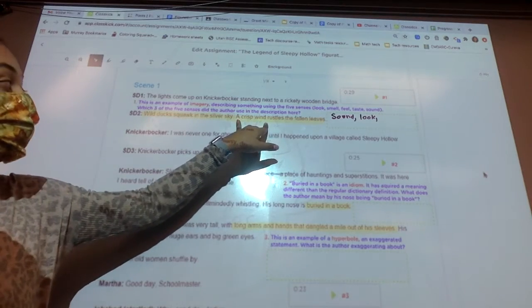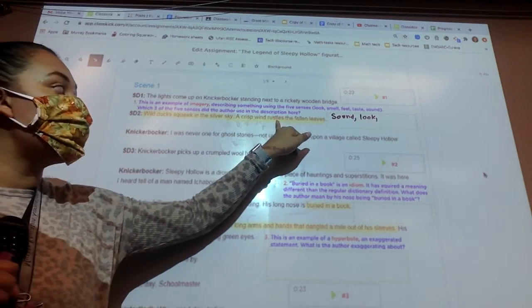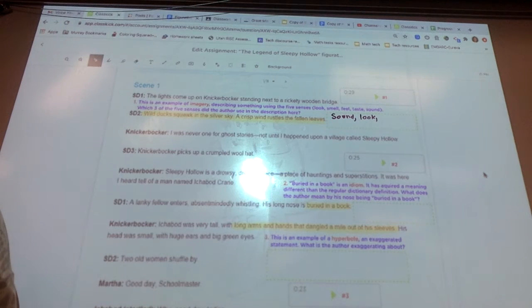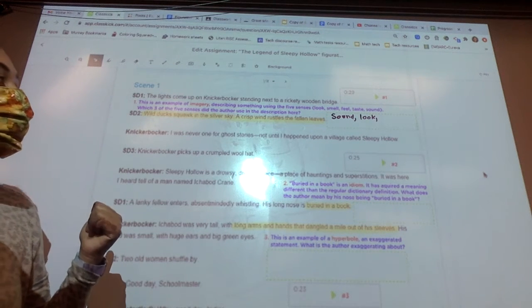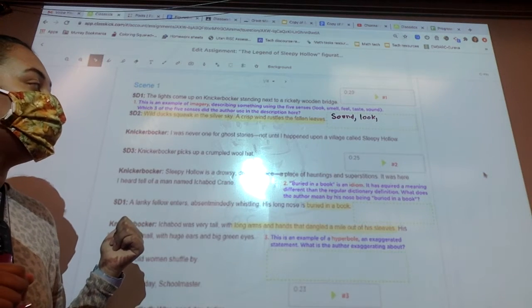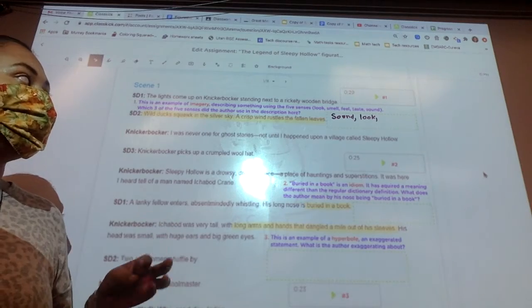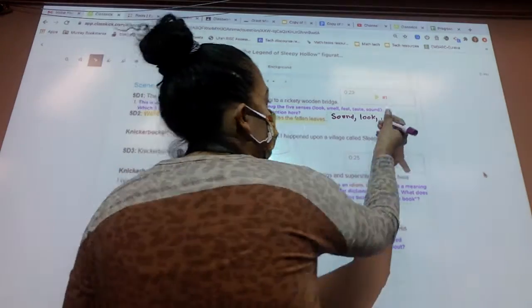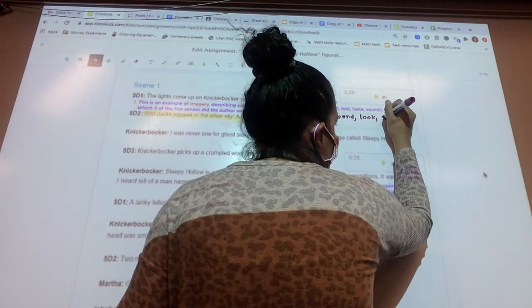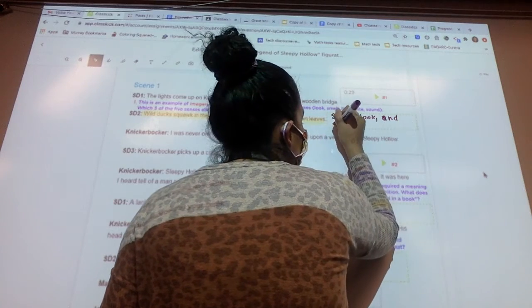Okay? Yeah. A crisp wind rustles the fallen leaves. You can hear. Here, I would say, yeah, here. I was going to say feel, because when you feel like fallen leaves rustle. But sound again. Okay, so sound, look, and sound again.